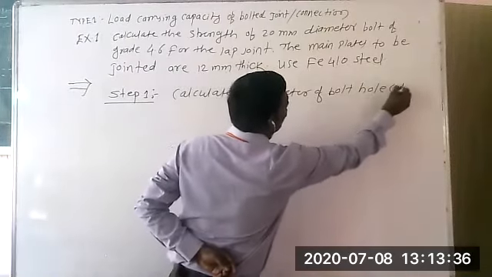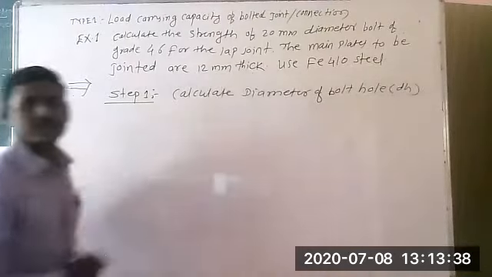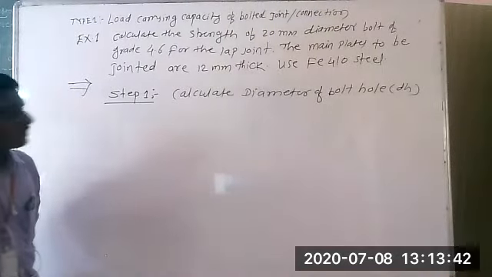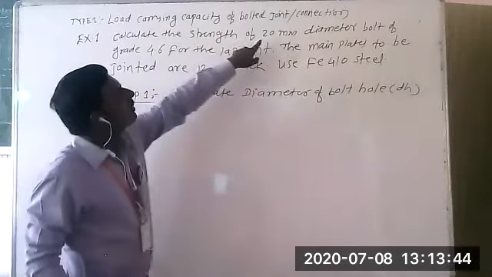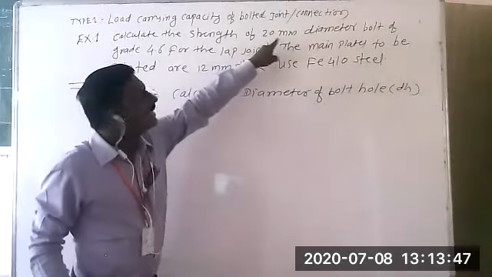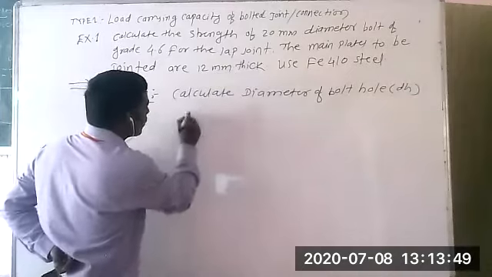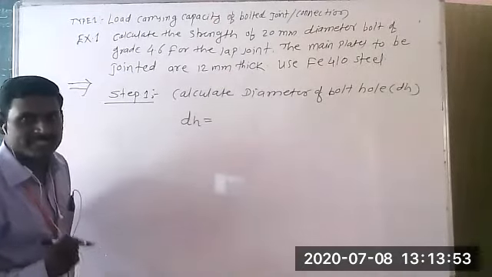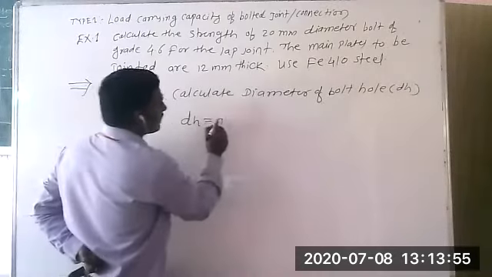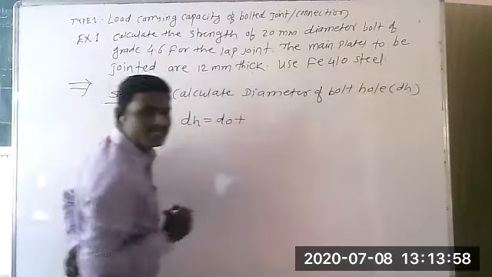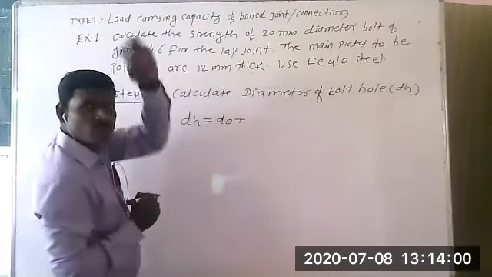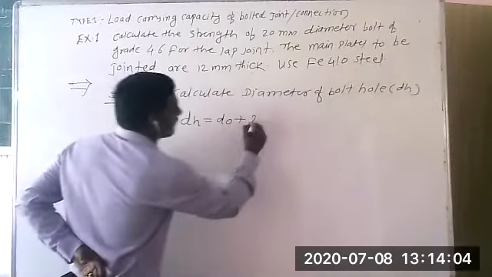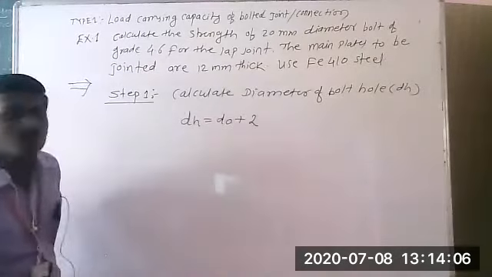The nominal diameter of bolt is 20 mm. So we have to calculate DH. How to calculate DH as per the design procedure? D naught plus how much should I add? 1, 2 or 3? 2. Yes, correct. As per the design procedure, we have to add 2.